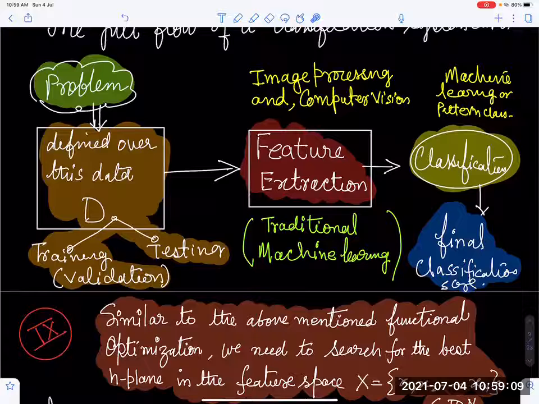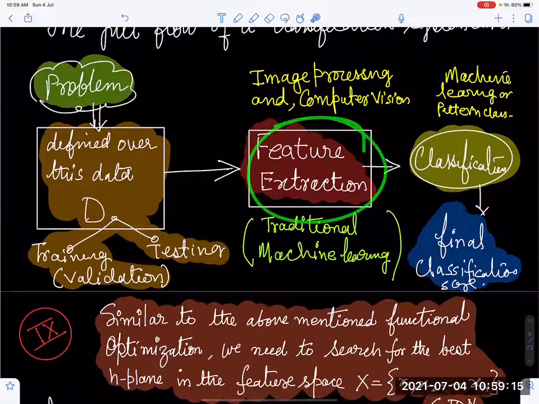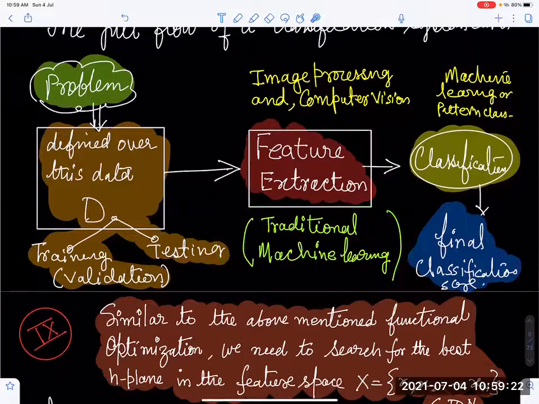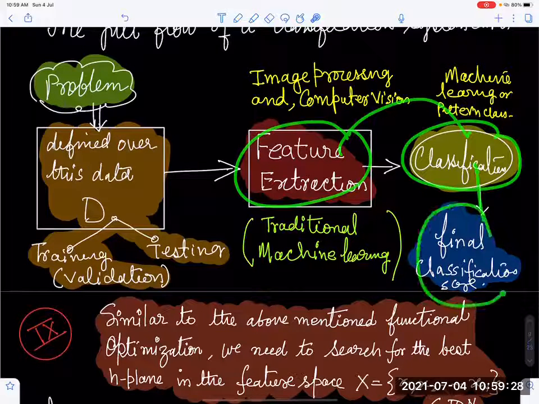There are so many different types of machine learning algorithms. They all can be used to do classification for you given these types of feature vectors. That's traditional machine learning. Given this set of features, a classifier is trained, random forest, this and that. Finally, classification scores are obtained.